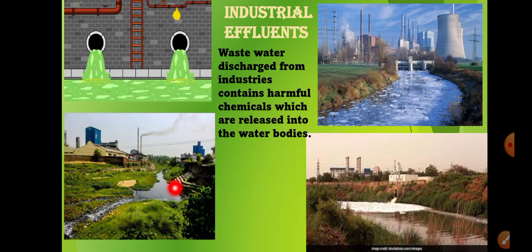Here also you can see the water being released. So industrial effluents are the wastewater coming out from the industry, having harmful chemicals that are released into the water bodies, which disturbs the water body, and this makes the life in the water body, as well as we human beings and other plants and animals on earth, unable to use this water anymore.